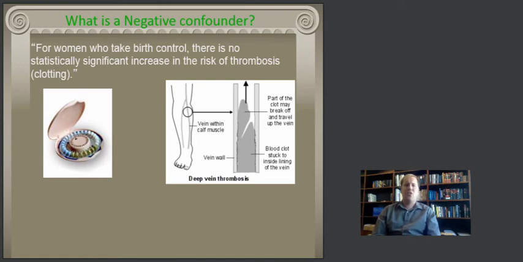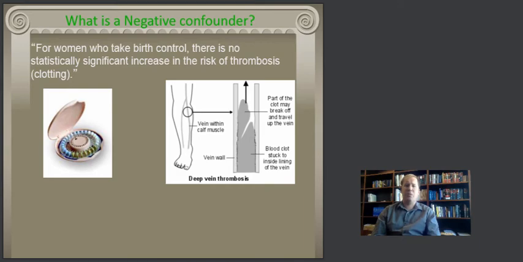So here we see, for example, women taking birth control, the pill. And what has been found is that when women take the pill, there have been studies to see whether they get blood clotting, leading to potential stroke or heart attacks. And those studies have found no evidence of increased risk of thrombosis as a result of taking the pill.